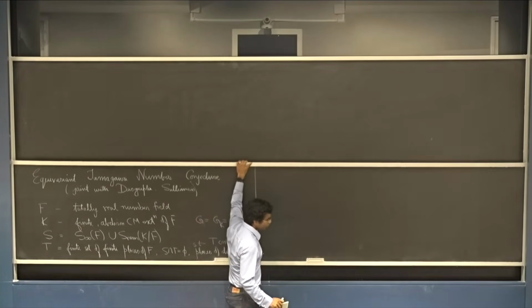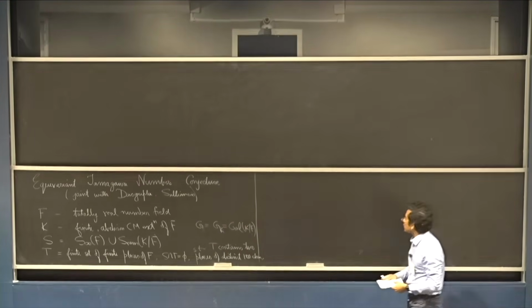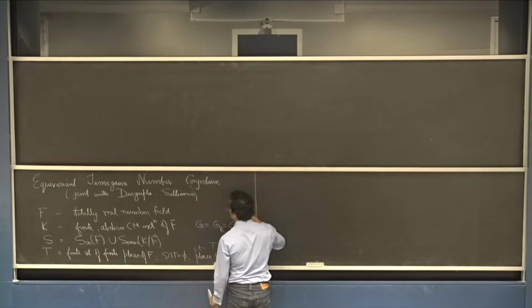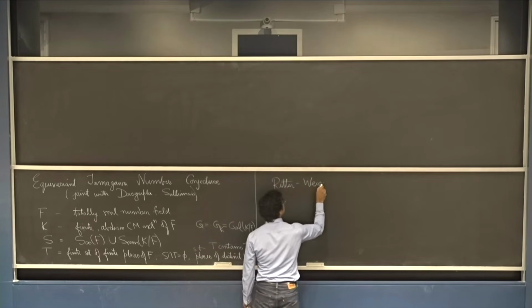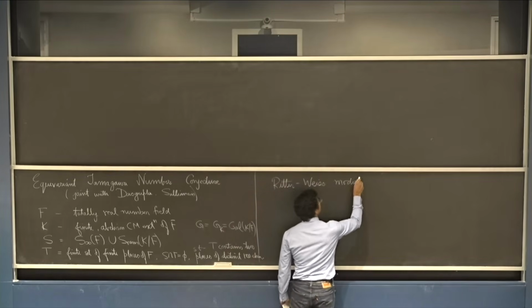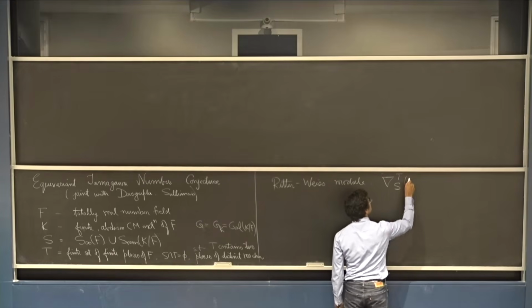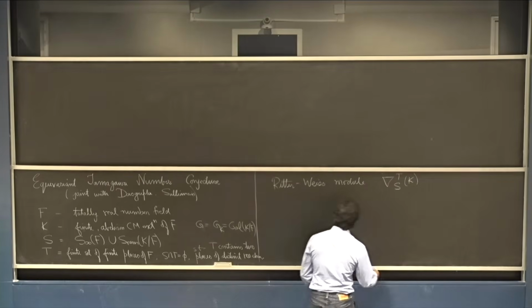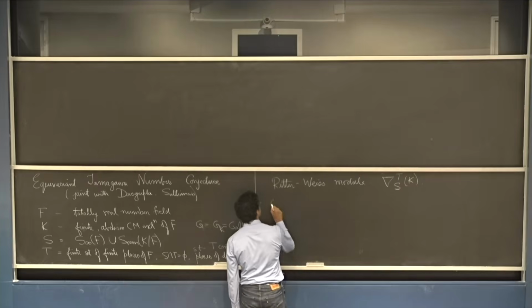I'm not going to talk about the construction of this so-called Ritter-Weiss module, but I'll tell you some properties of it as we go along. So given this setup, there is a Ritter-Weiss module that we construct, and I'll denote it by nabla_T^S(K). One property it has is that it sits in a short exact sequence.